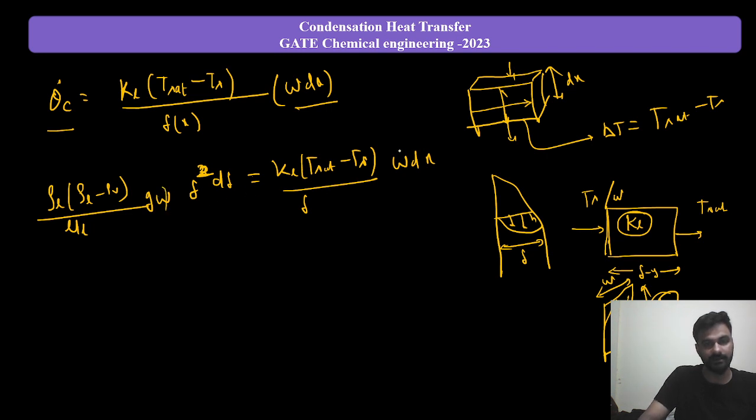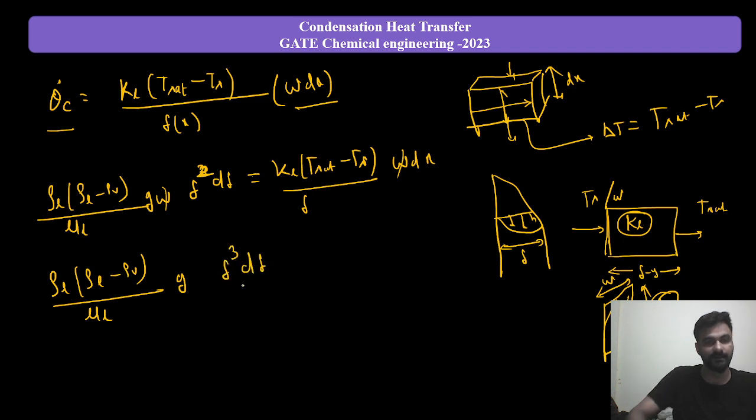So this W and this W will get cancelled out. Delta is a function of x, right? So we can write rho L minus rho V upon mu L G, and that is delta square d delta, equal to KL into T saturation minus Ts, and that is dx.